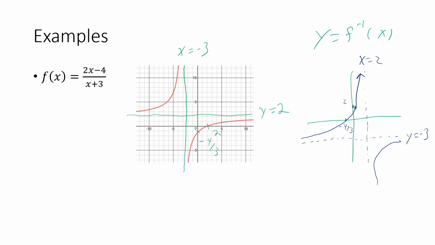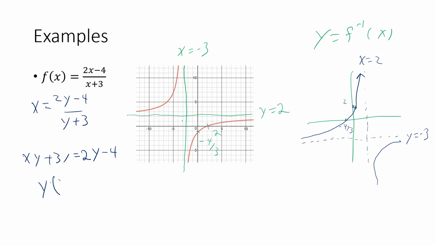If you wanted to find this inverse algebraically, you'd have to start by writing the equation like x equals 2y minus 4 over y plus 3, and solve for y. So I'm going to have xy plus 3x equals 2y minus 4, and put all the y's on the left-hand side, and then factor out.